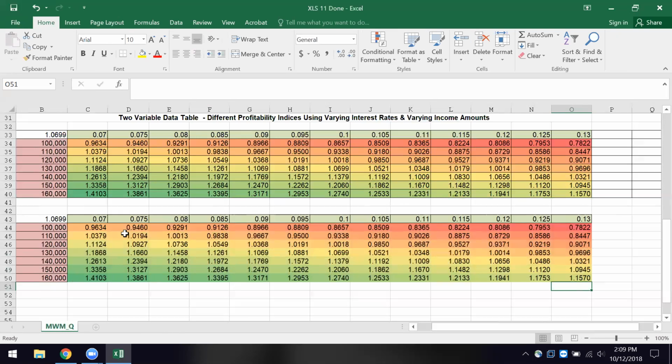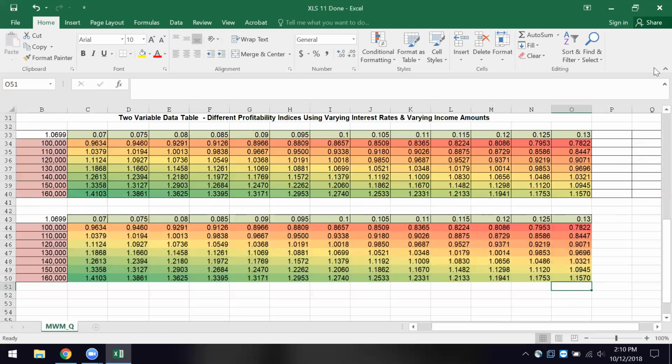Now, notice that the higher the interest rate, the lower the profitability index. Okay? So that's pretty much it. That's it in a nutshell. And I just wanted to show you how it's done and how we use this to show a pattern. We talked about that pattern.